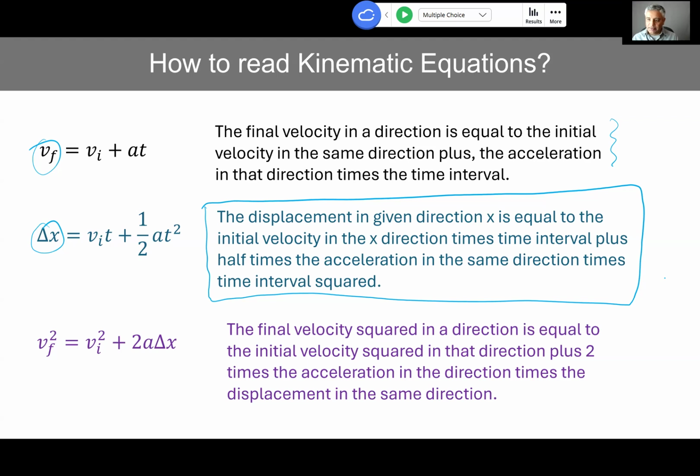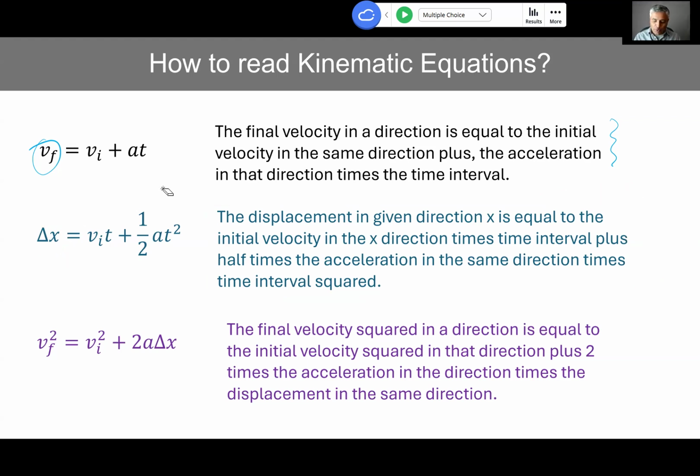Did you read it? This is what I would do. I would look and say, okay, the displacement in a given direction.